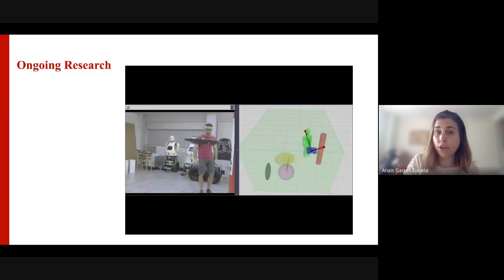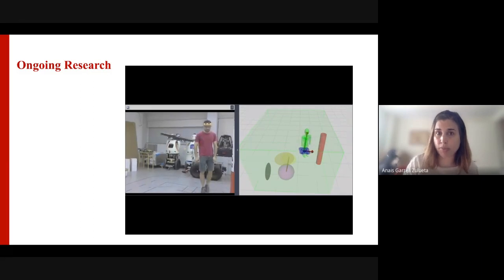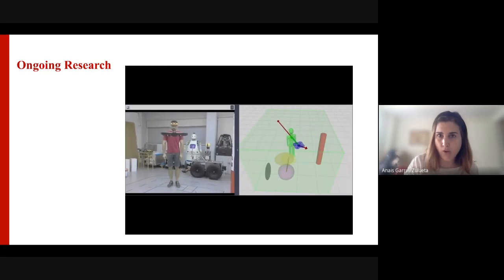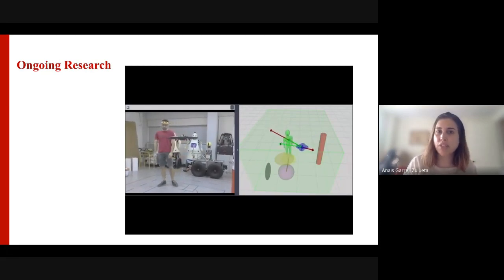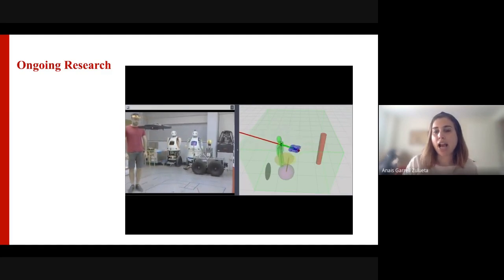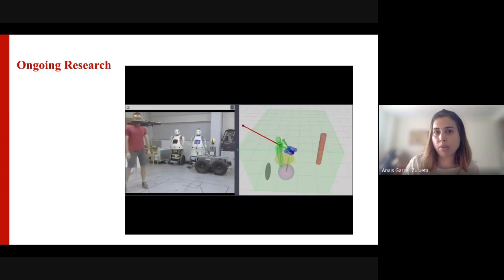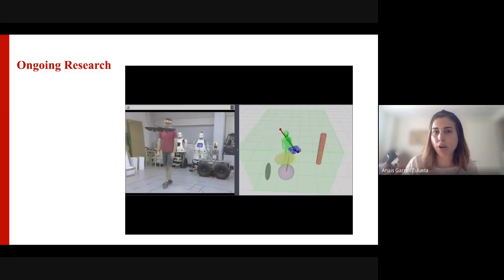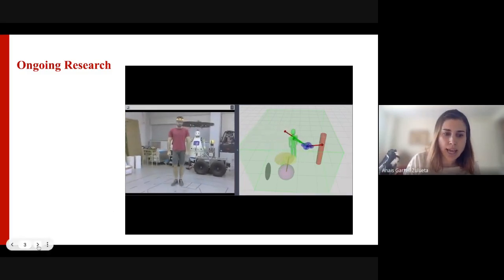In all the works that I am showing you, we of course present our quantitative results, so we study the robustness of our works, but we also study how people perceive our robots. We study qualitatively how our methods and frameworks work in the real world.